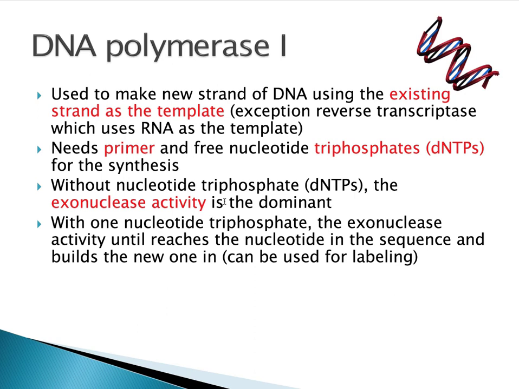If you provide one nucleotide out of 4, the exonuclease activity is going to kick in until this nucleotide is needed in the sequence. All right, and that can be used for labeling. It's very interesting. Later I'm going to explain a little bit more.